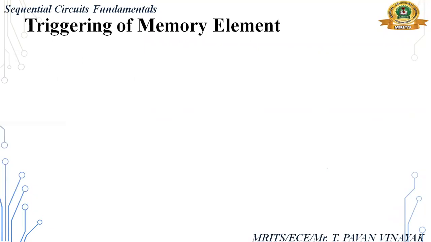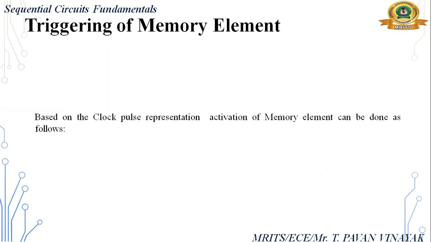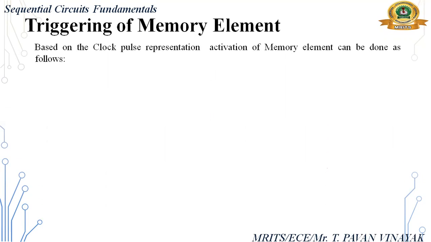Next, triggering of the memory element. How will the memory transfer data? By giving a clock signal, as we already said. But based on the clock pulse notation, this is one clock pulse, and based on it the triggering methods are classified. Observe this pulse.